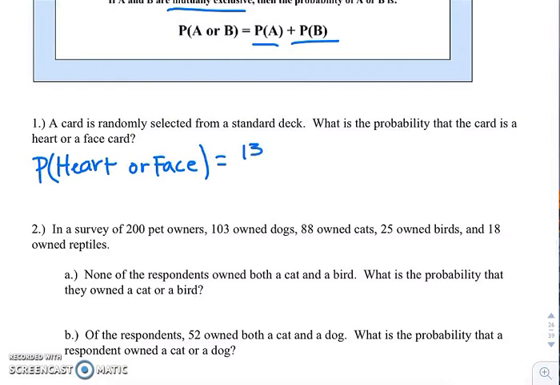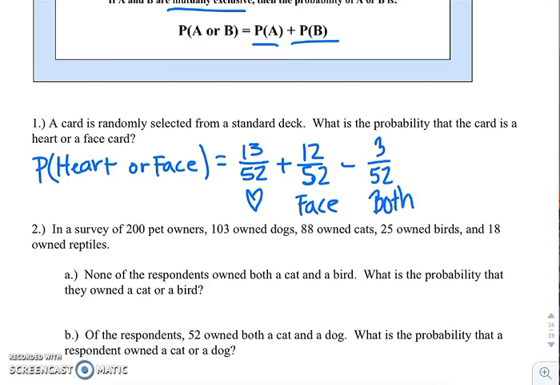So 13 out of the 52 are hearts, plus 12 out of the 52 are face cards. But because these cards can be the same thing at the same time, this is where we need to subtract those three cards that are both.